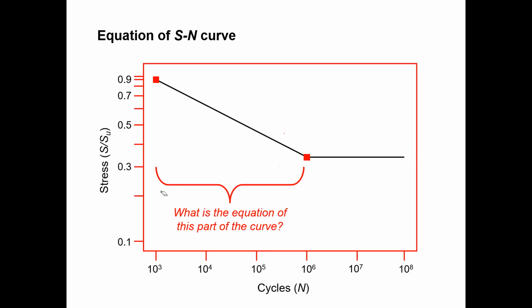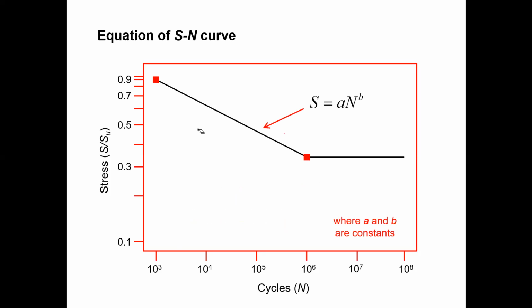Then we can derive the equation for this region, as I told you earlier. If you know the equation, you can find at any point on this curve the stress and the number of cycles for that stress, isn't it? So this is the equation.